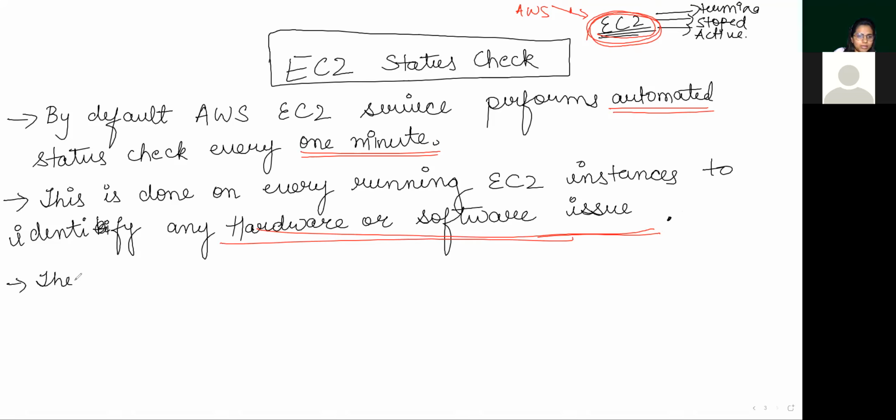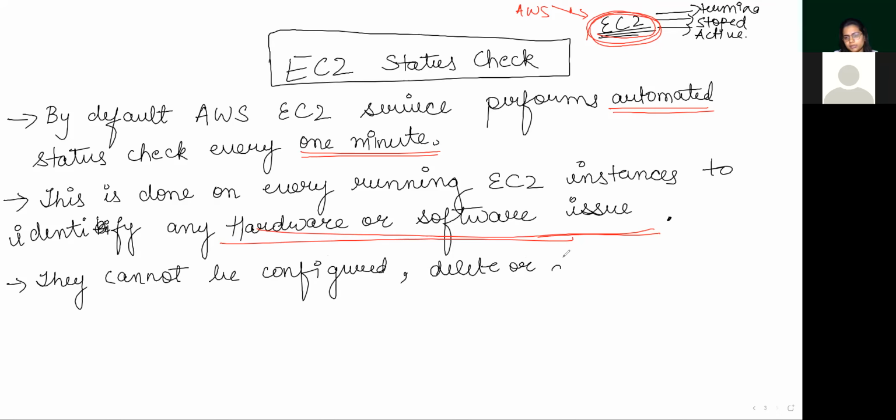Then they cannot be configured, deleted, or disabled. Now you can ask a question here: if AWS has the right to check the status of my EC2 instance, can they also delete, disable, or configure it?